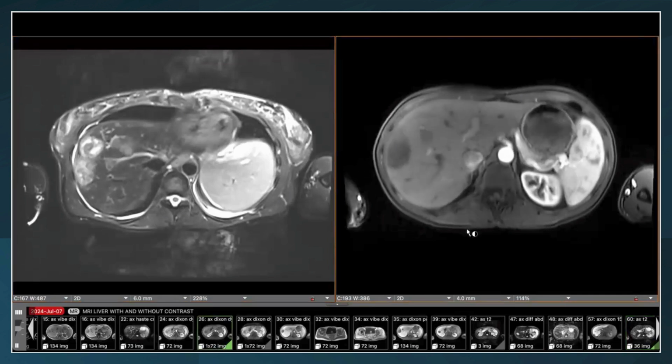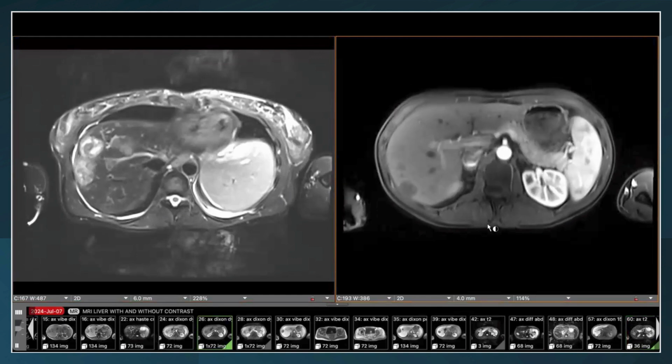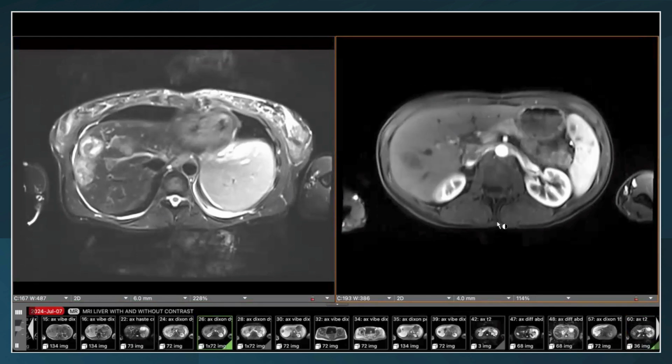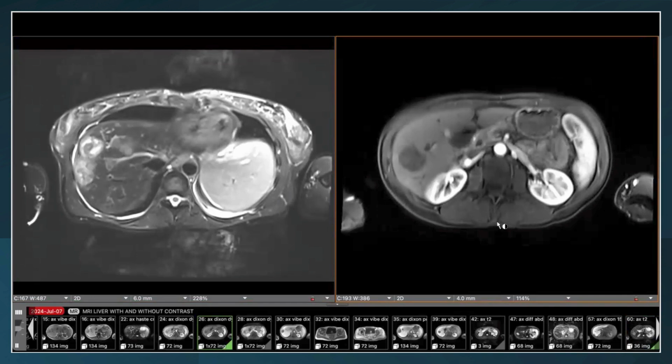Our arterial phase images here allow us to show the anatomy of the aorta and the celiac axis, as well as the branching pattern of the hepatic arterial supply going over to the left and to the right. This kind of information is critical, including the presence or absence of anatomic variants. And this information is what we put into the report so that the surgeon has the most information that they need as they plan for their pump placement.